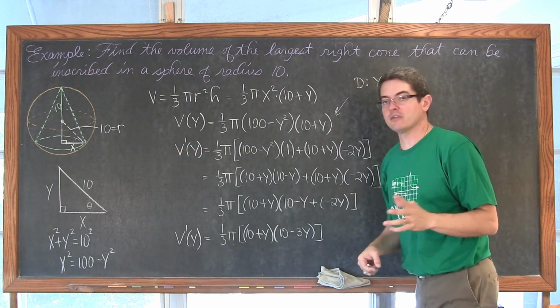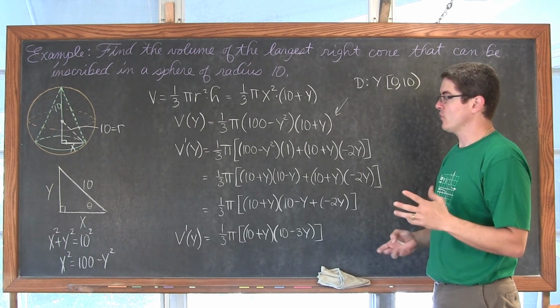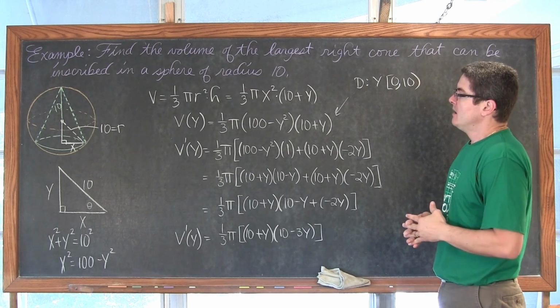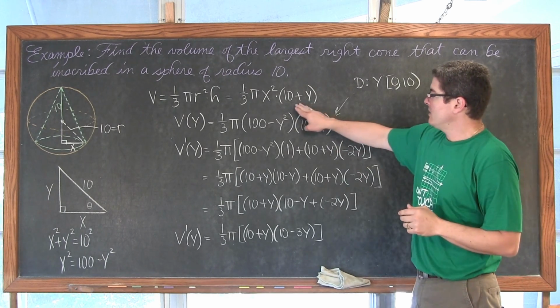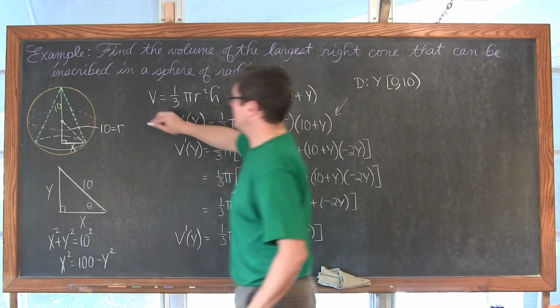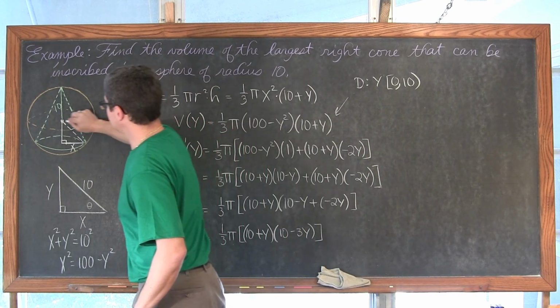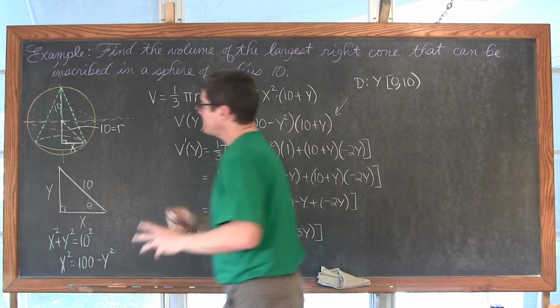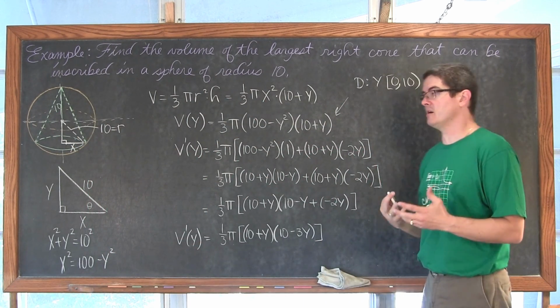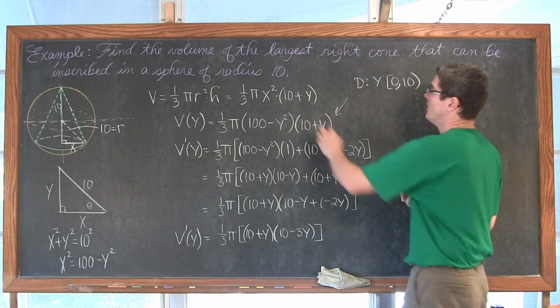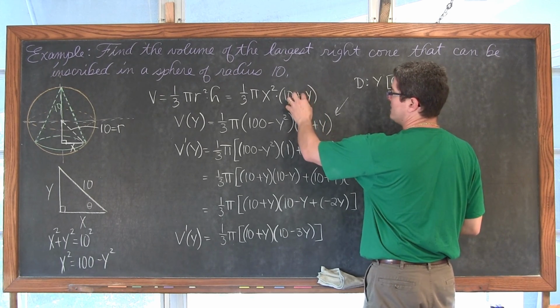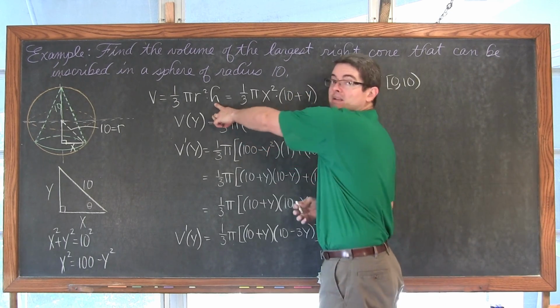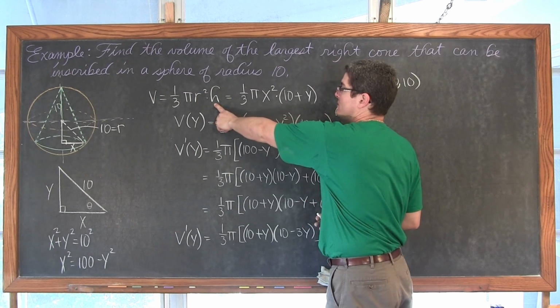I don't think the volume of that is going to be very great, of course, or a maximum. Well, you can also think of this as being on an xy axis and incorporate this idea of coordinates, because really y is helping to determine, of course, the height of the cone.